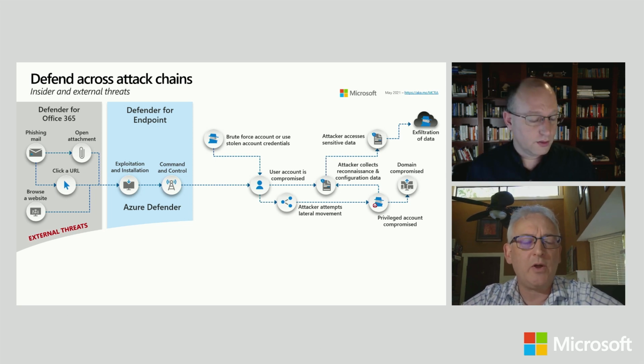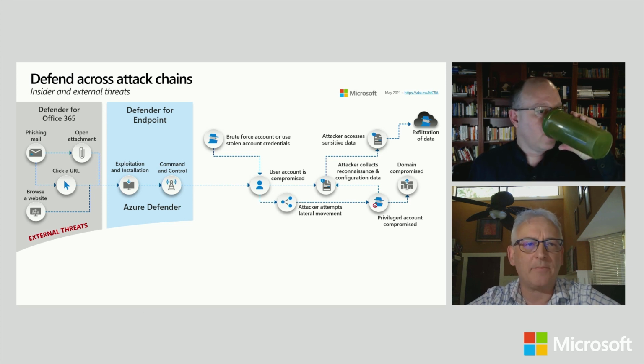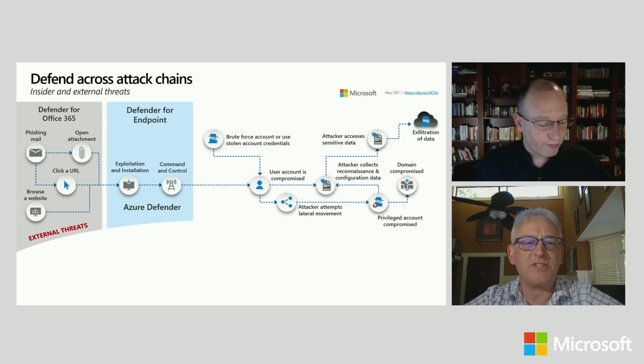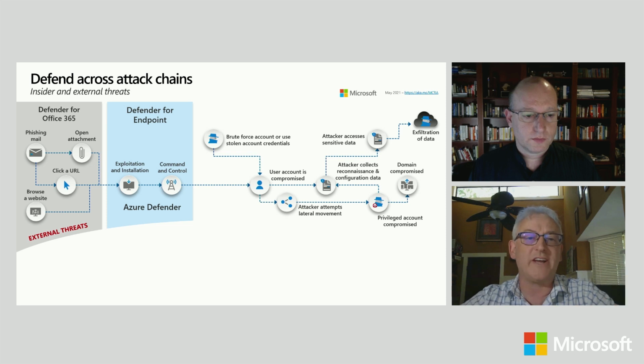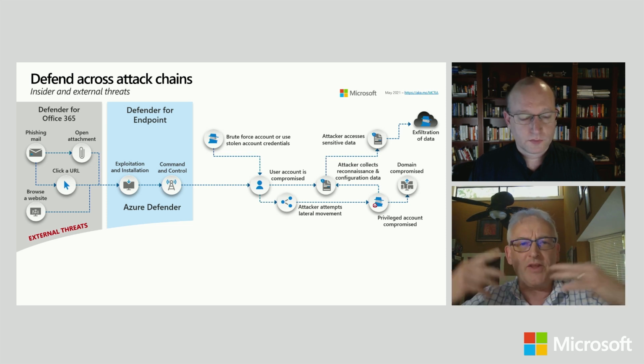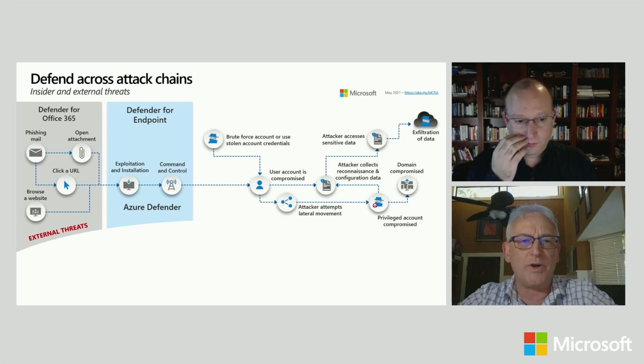Sure. So what we're looking at here we call Extended Detection and Response, XDR. We've moved from protecting just the endpoints or email to protecting across the whole attack space, essentially. So the goal on the attacker's side is to get someone inside the target organization to click on a bad thing.